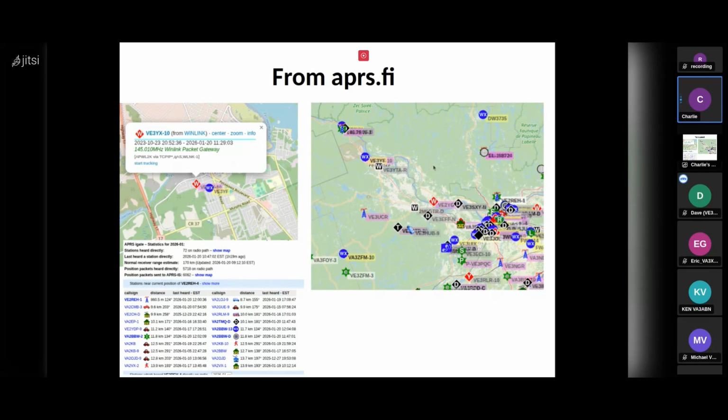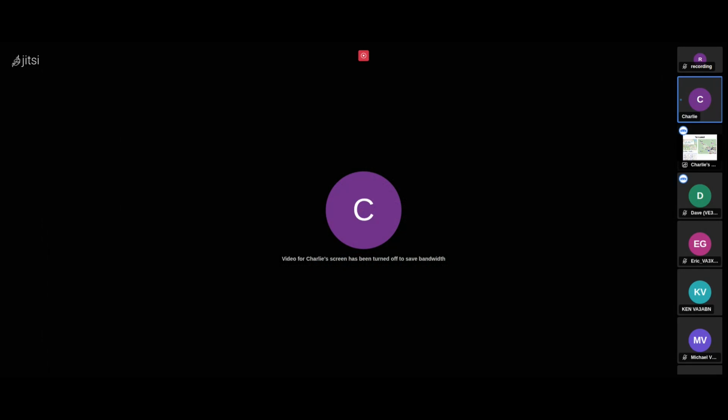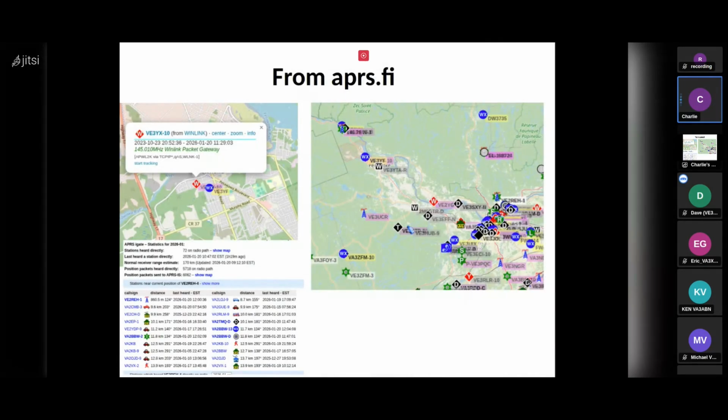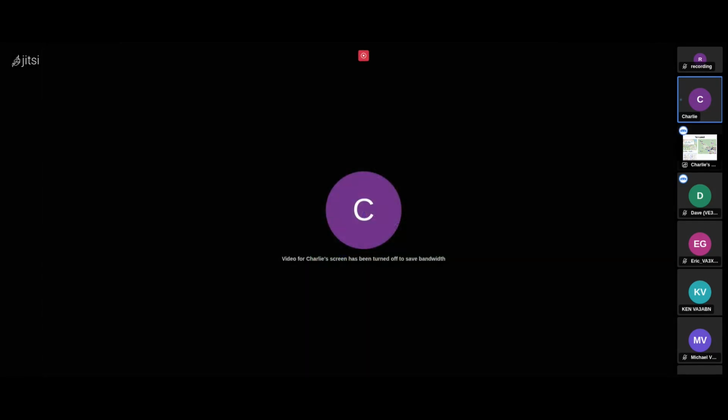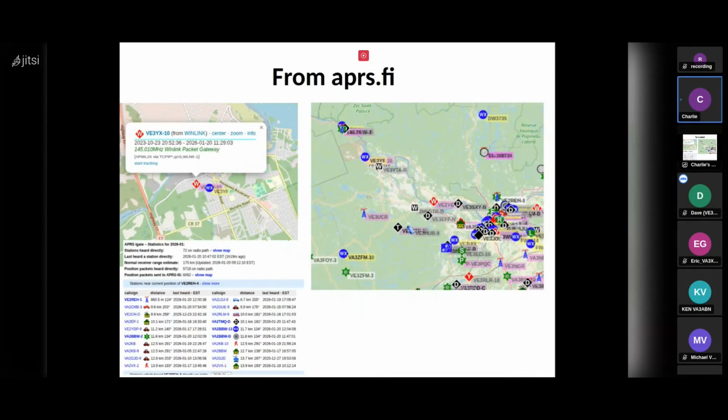There are VE2s on the east side of the river here, and VE3s on the west side. This is the Ontario-Quebec border. A lot of these, this concentration down in the bottom corner here, is in the Ottawa area, just coming out of it. And then as you go up the valley, you can see Pembroke and Petawawa are in here with weather stations.